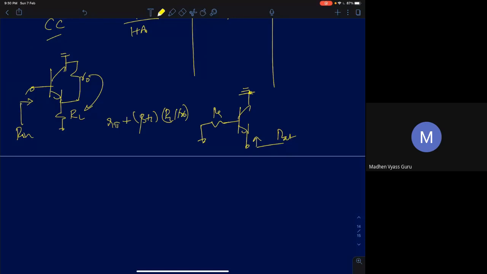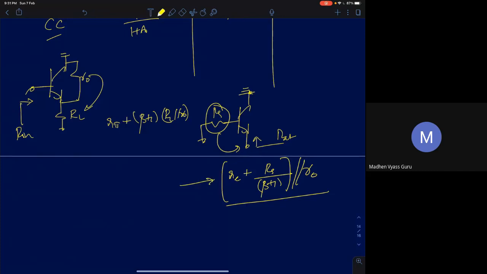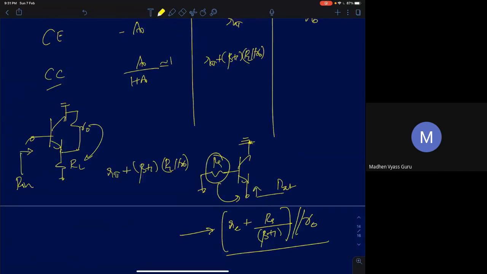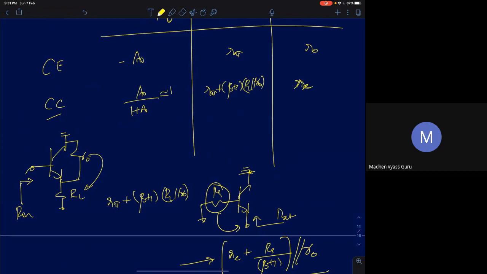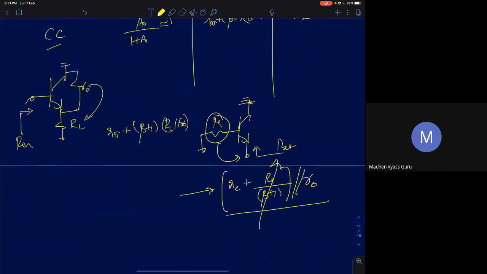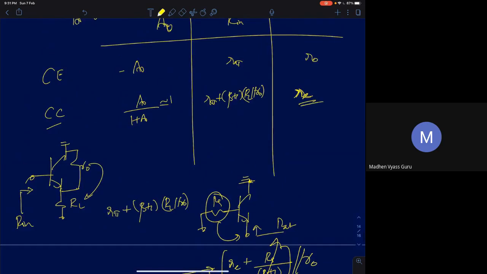Output resistance will be small re plus Rs by (beta plus 1). Whatever is here gets divided by beta plus 1, and the whole thing will come in parallel with R naught. That is very low. If I assume beta is very, very large, then I can ignore this term. Approximately re. This is really low for a common collector.